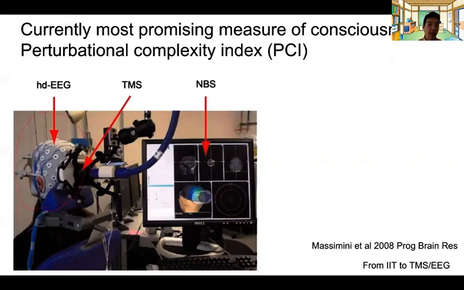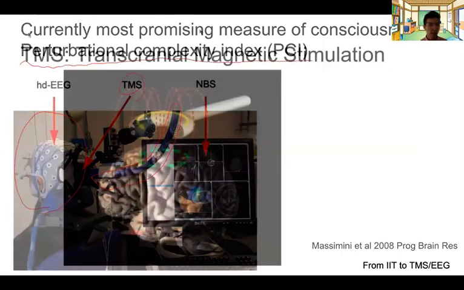The TMS coil is held by a mechanical device and connected through a really thick wire to generate a massive magnetic pulse at the coil. The location is controlled by a neuronavigation system or something like that. As a whole, it tries to generate an index called the Perturbational Complexity Index, PCI, as I explain next.